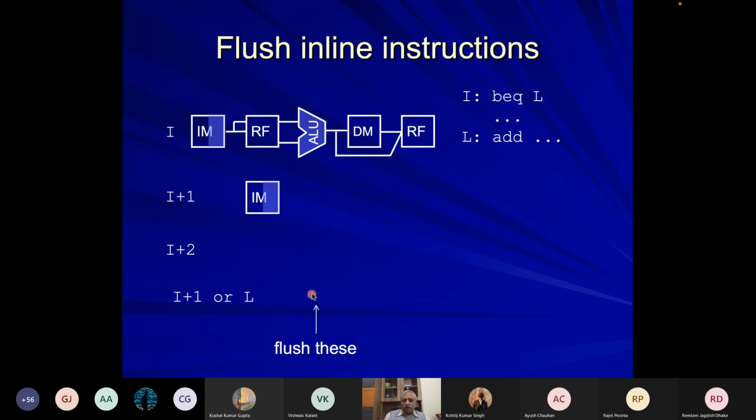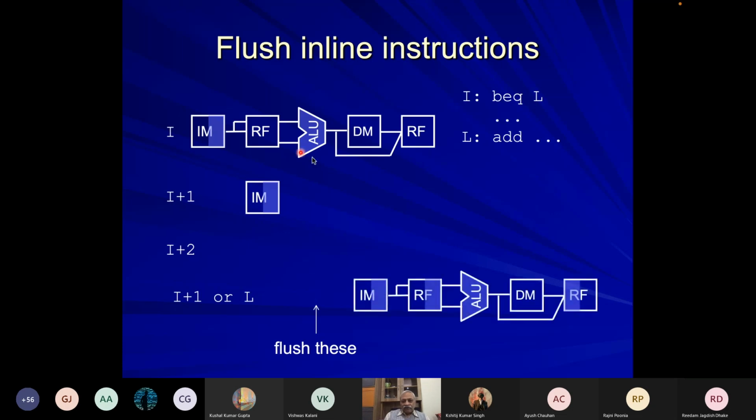It could be either I plus 1 or it could be L. So after this stage, you start fetching one of these, and then continue. So you can see that we have lost 2 cycles in this process. That's the penalty of this control hazard.